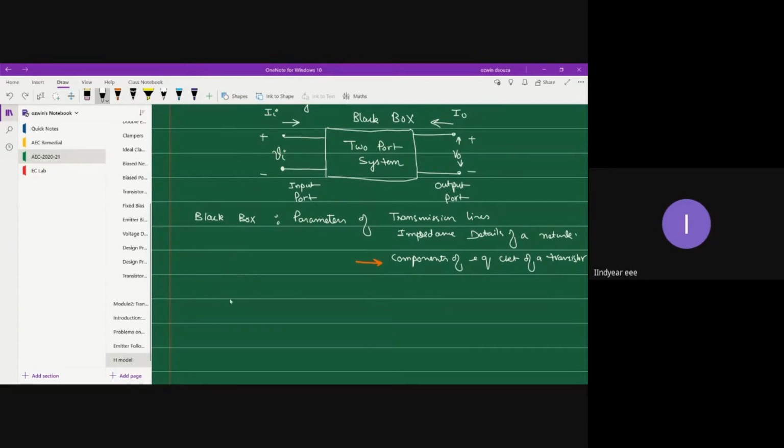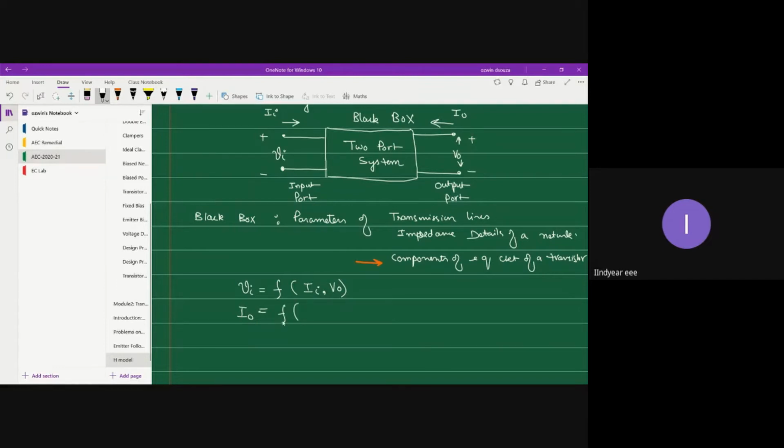As I said in the beginning, I'm taking Vi and I0 as dependent variables. Let us express Vi as a function of the independent variables Ii and the output voltage V0.